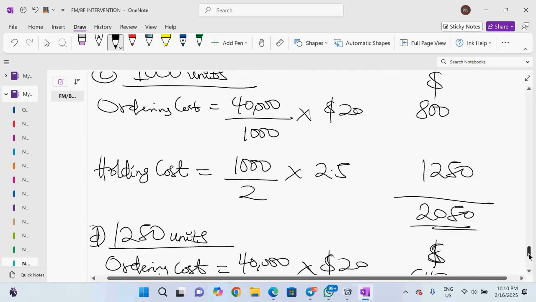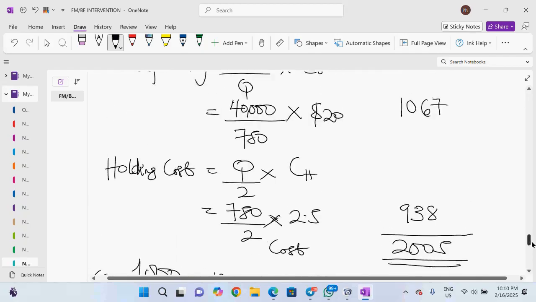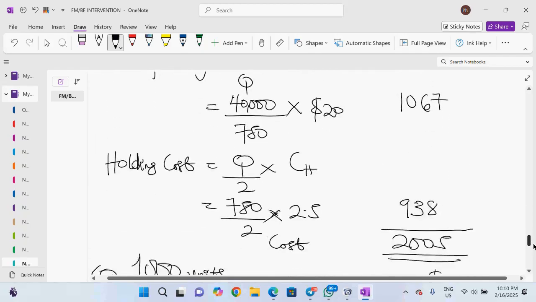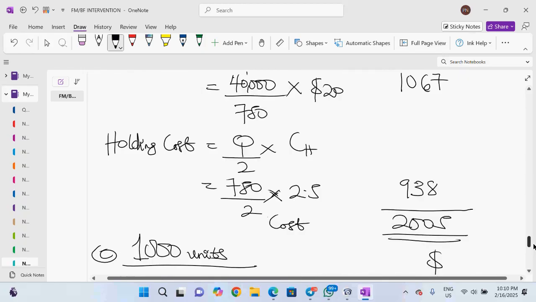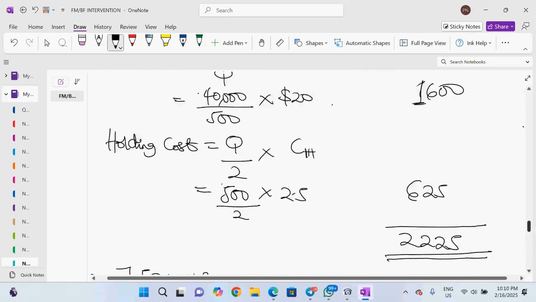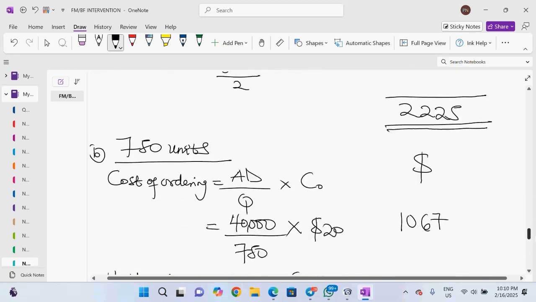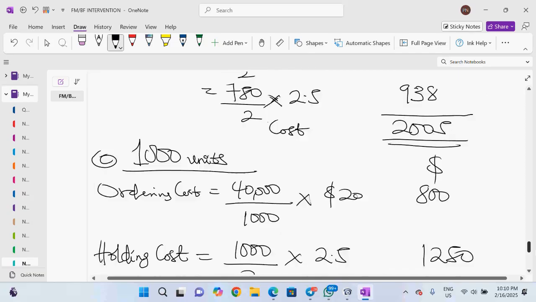Go to the second one, 1,000, cost of 2,050. 750 units gave us a cost of 2,005. Another one gives us 2,250. So which of them gave us the least cost?